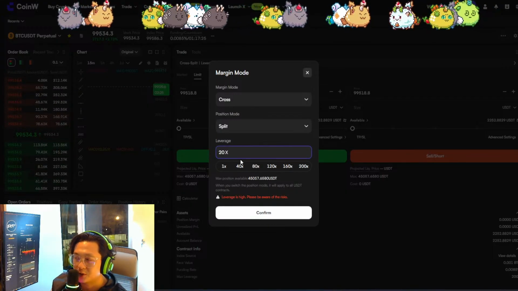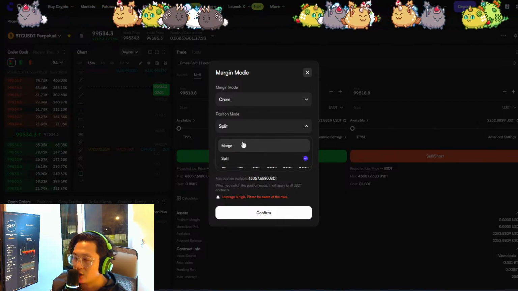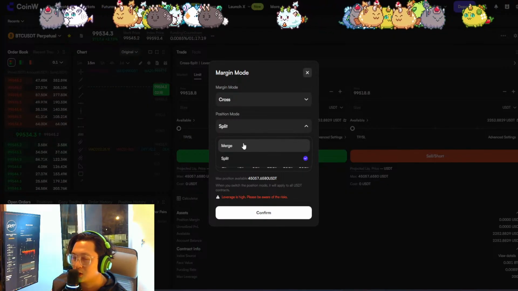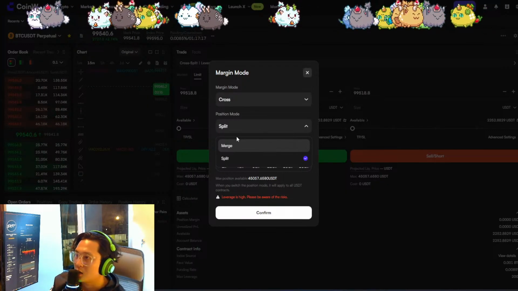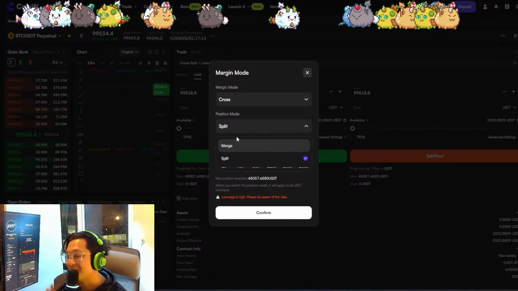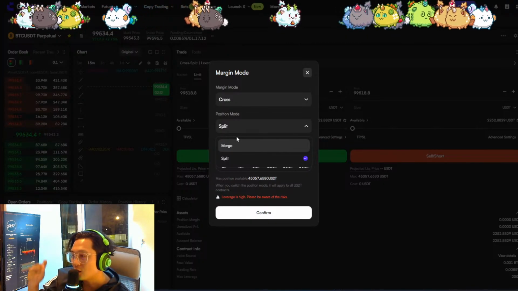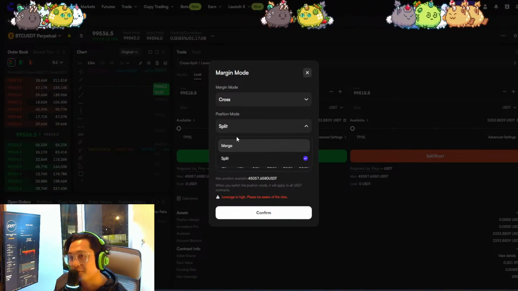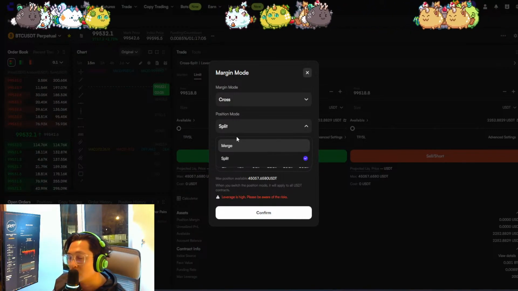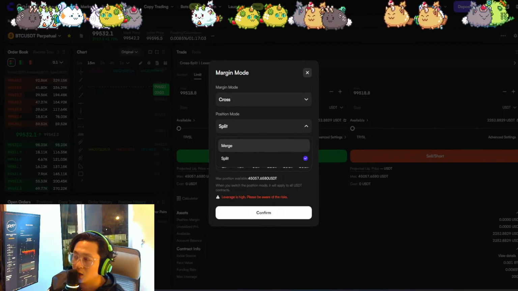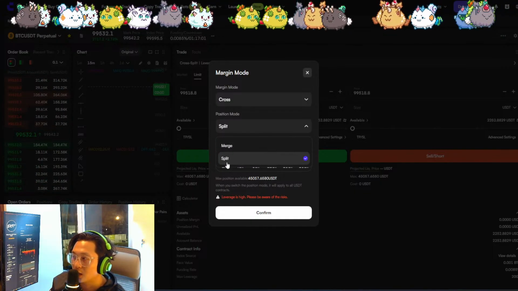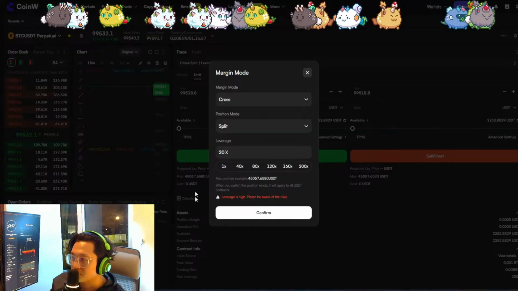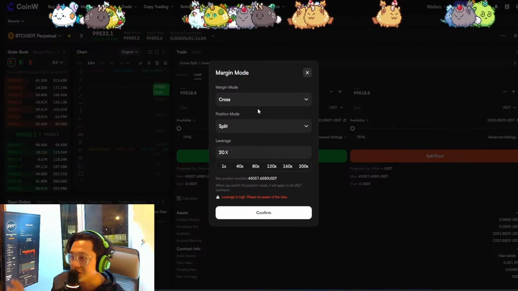On CoinW, with split, you can open a maximum of 5 positions in the same coin, long or short, until you hit the limit of 5. So maybe you can have 3 shorts, 2 longs if you want hedging mode, which I don't recommend for beginners, but at first I prefer split, because it's good for DCA.